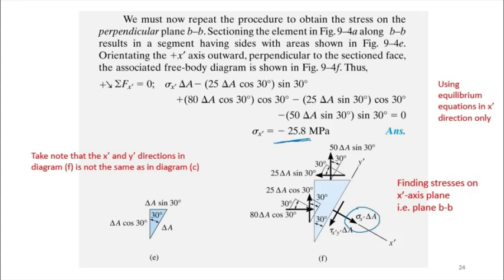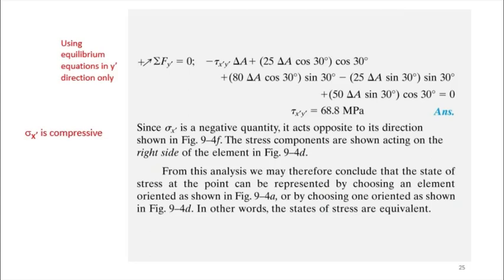That's the assumption. But the answer is negative, meaning it's compressive. Okay, you can have a look at the calculations. And from summation of Fy prime is 0, we find that tau x prime y prime is positive, because it depends on your assumption, right?